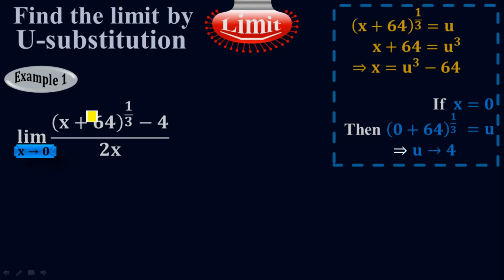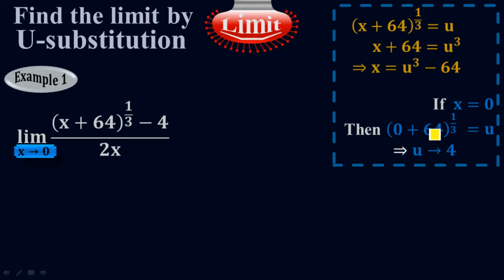Now again, when you look at your given expression, x approaches 0. It means that x equals 0. So if x equals 0, then (x plus 64) to the whole 1 over 3 equals u will be (0 plus 64) to the whole 1 over 3 equals u. Just substitute x equals 0 here, so I'll get 0 plus 64 instead of x plus 64.